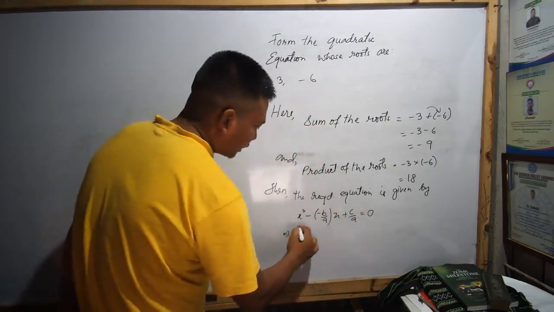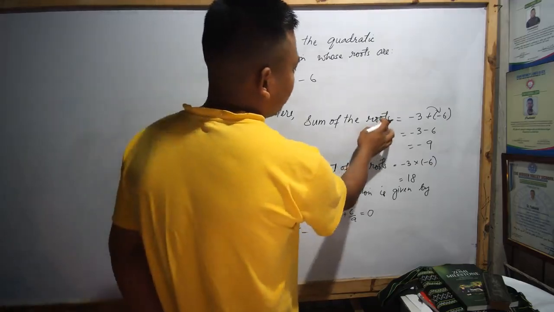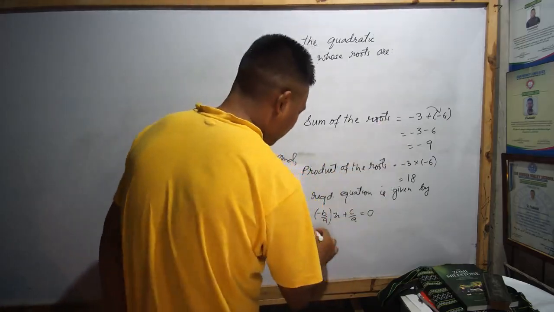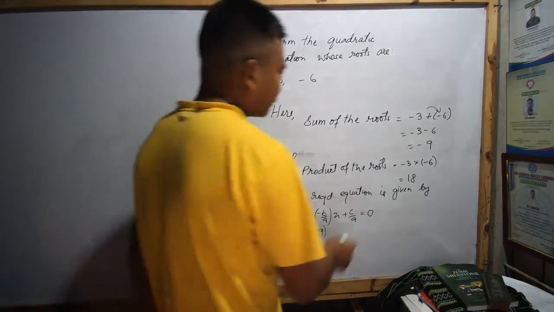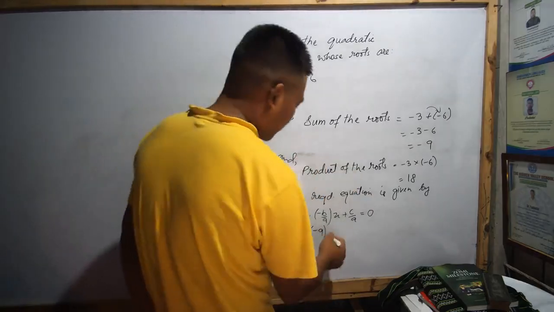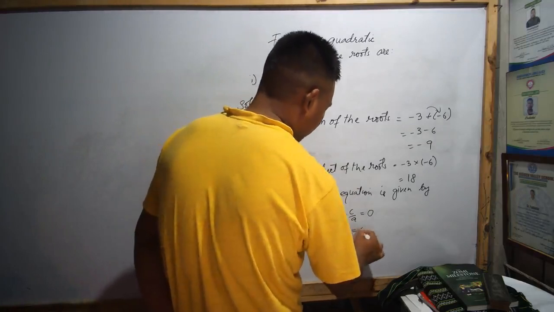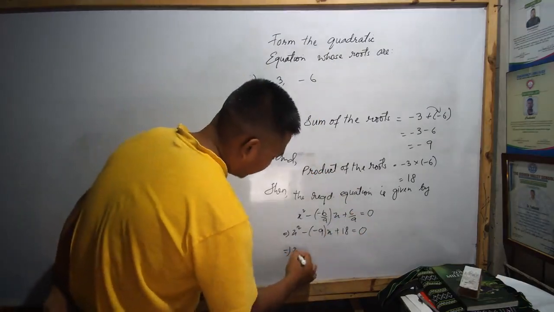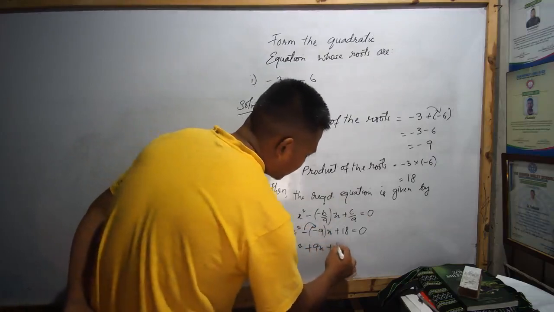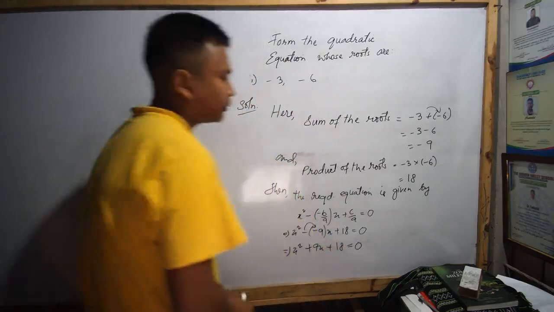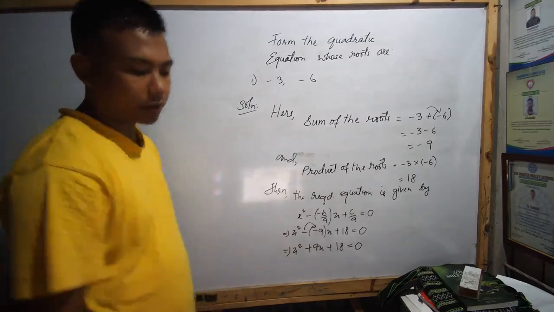That means x square minus (sum of the roots, which is minus 9), and product of the roots is 18. So x square minus into minus will give you plus 9x plus 18 is equals to 0. This is the formation of a quadratic equation.